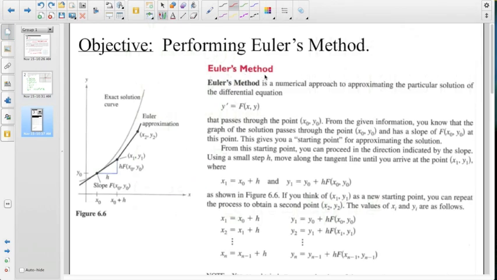Euler's method is a numerical approach, and it allows you to approximate the value of a particular solution at a point on the graph. If we look at the idea of Euler's method, it's really what we would call a linear approximation.